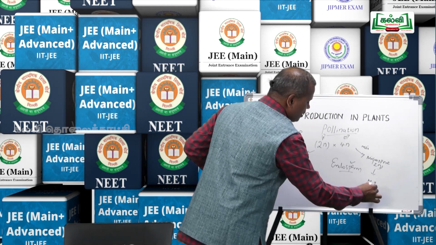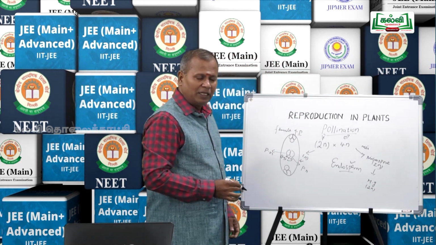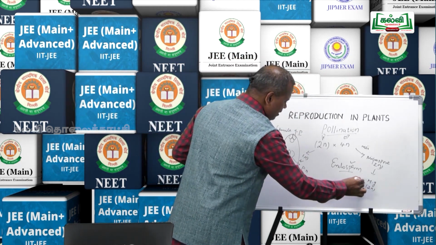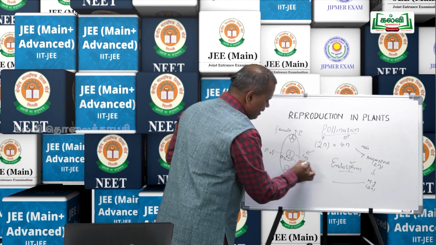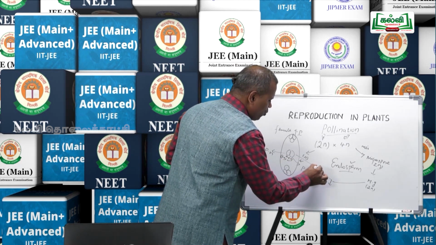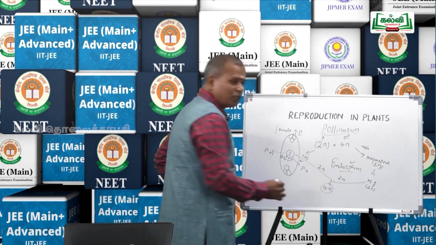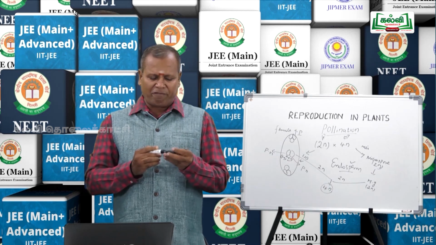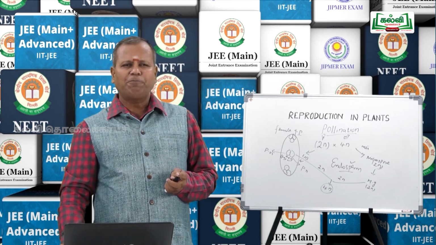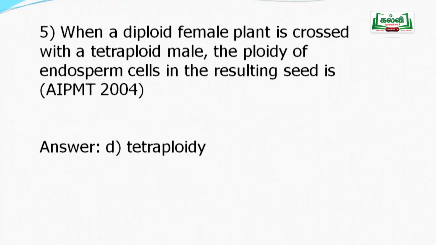This diploid male gamete fuses with the diploid secondary nucleus, 2N plus 2N, and you get 4N. So the answer for question number 5 is option D, tetraploid. That means the endosperm of this cross has 4 sets of chromosomes, a condition said to be tetraploidy.